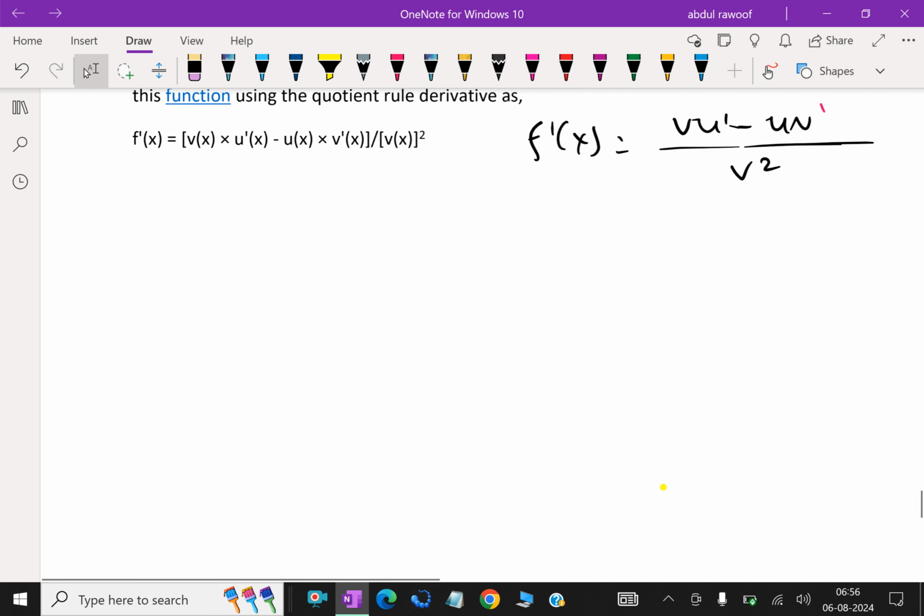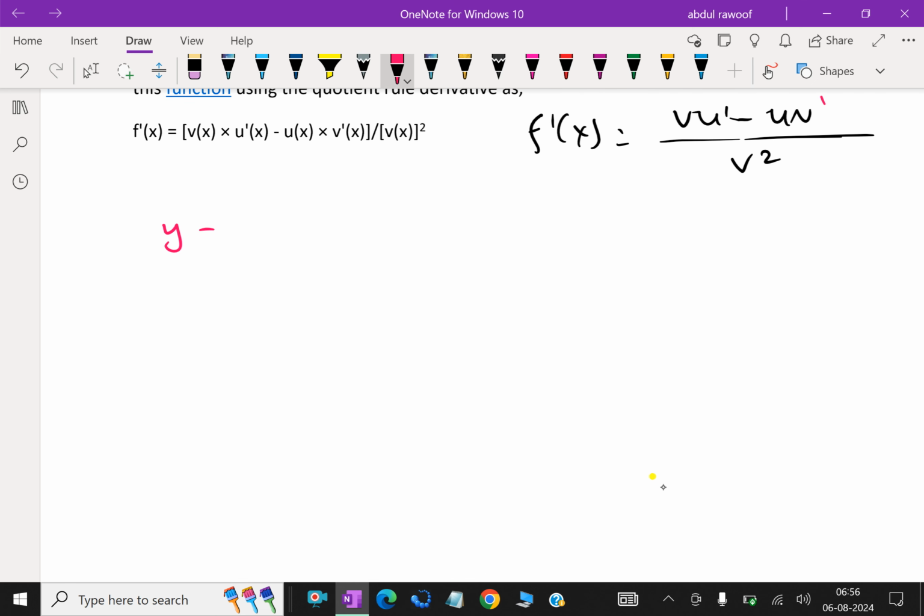So y equals (10x power 5 minus 3x square) over (2x plus 3) the square.